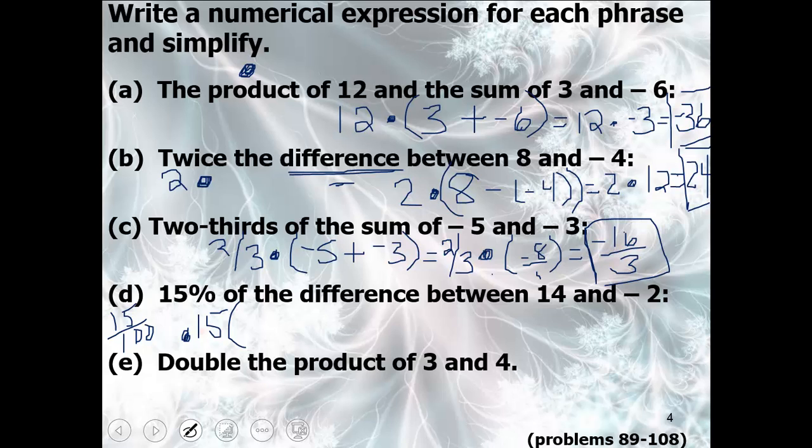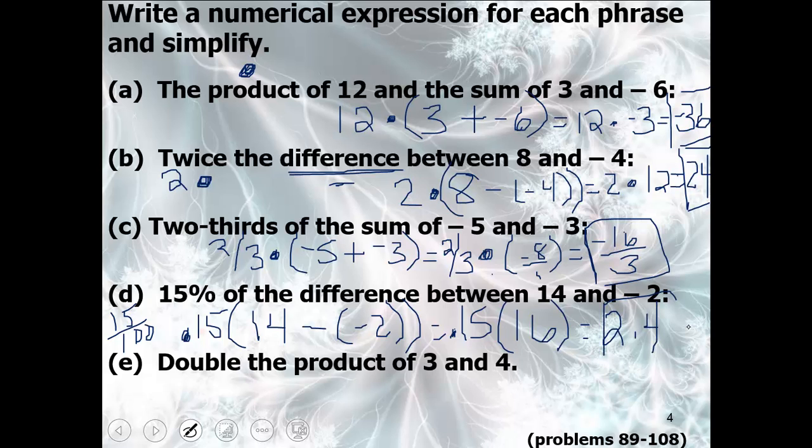So the difference between 14 minus negative 2. So I get 0.15 times 16. This is add the opposite. And I get 2.4.